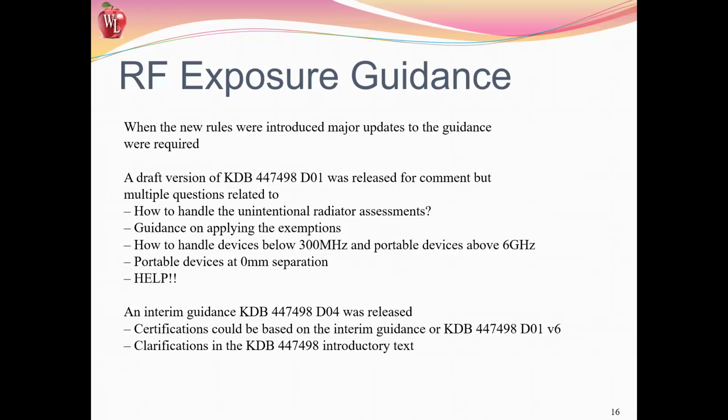What does that look like? How do we apply exemptions? How do we handle devices below 300 megahertz and portable devices at 0 millimeters or 5 millimeters? There were a lot of questions.